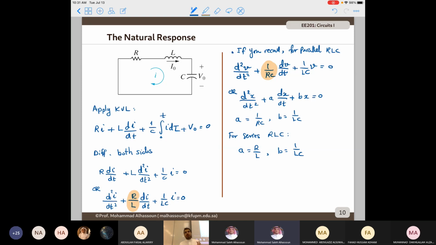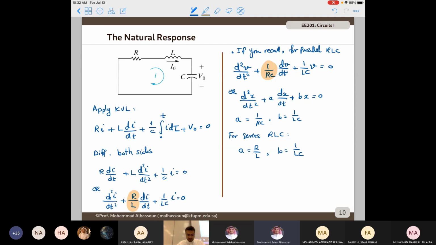So 1 over LC is what? Omega naught squared, right? Yes. Okay. So we can see that omega naught squared is actually the same. It doesn't change. What's going to change is alpha.